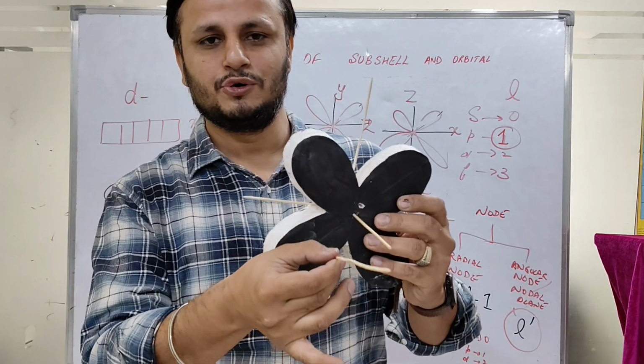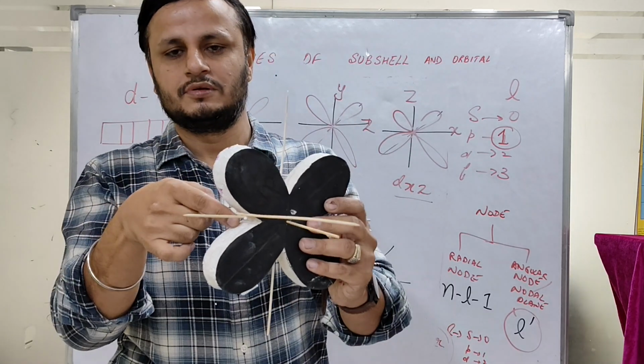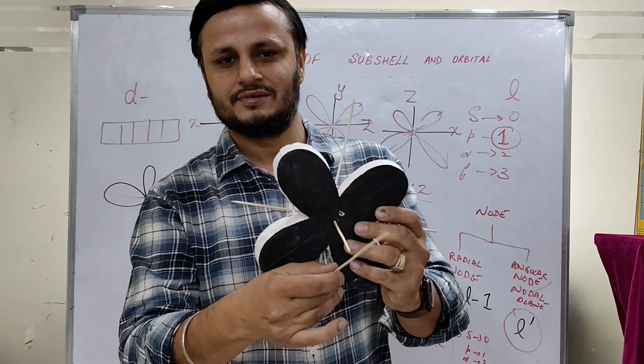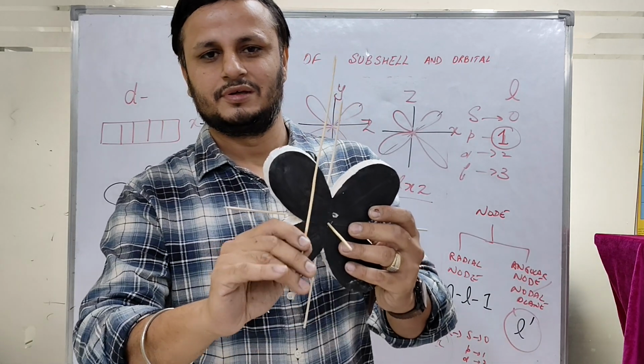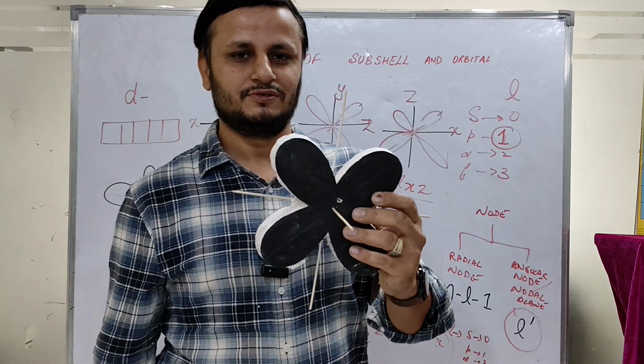The probability of finding the electron there is zero.